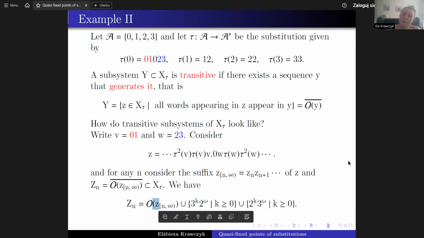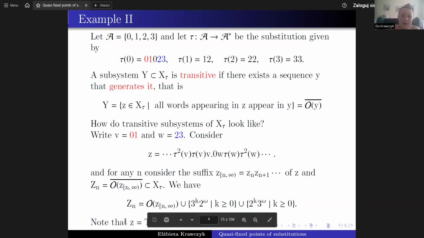The moral of this is, once again, that the way we describe all these nice generating points of my transitive subsystems is through the sequence Z, which satisfies the following equation: Z is just tau of Z shifted 2 times to the left.